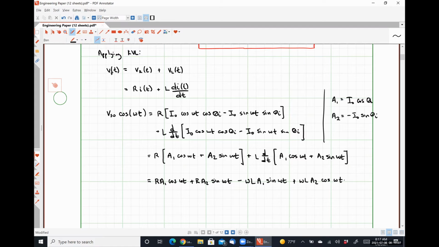All right, and so what I can do now is just group like things together. For example, I have R times A1 plus omega L times A2, all of that gets multiplied by cosine omega t.